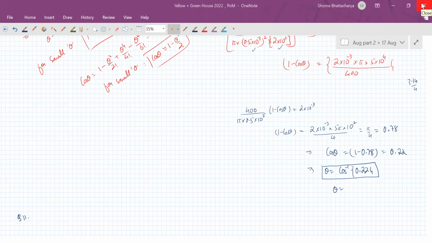Okay. Now let's move on to question number 11. Okay, so we have a steel wire which is clamped at both the ends.